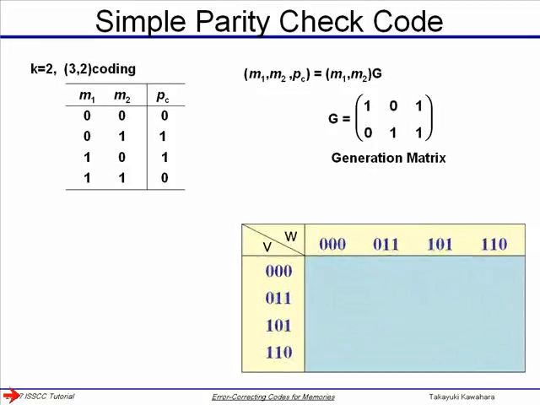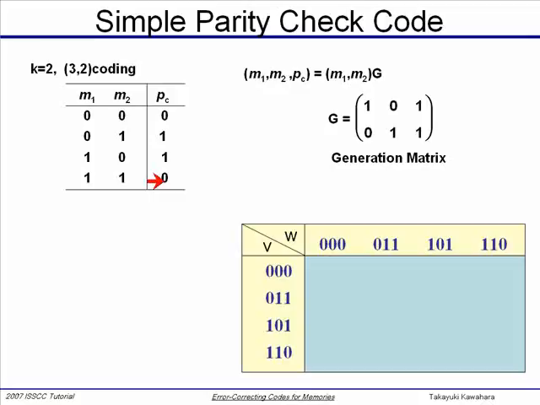So here I explain other simple mathematical words. One is linear. What is linear? This code is called a linear code. What is a linear code? As I said, 000, 011, 101, 110 are the words of this coding.